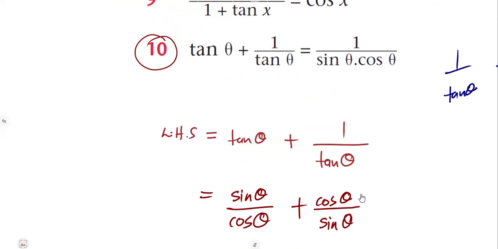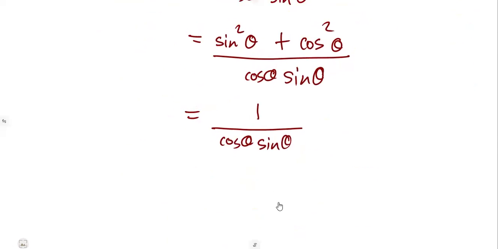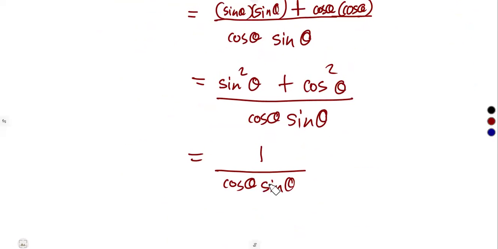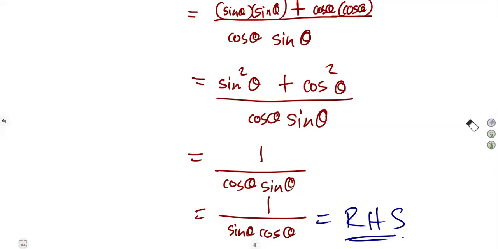Writing 1 over cos theta sine theta is the same as writing 1 over sine theta cos theta. Remember, the product of A and B is the same as BA. So it is one and the same, guys. This is exactly what we have on our right-hand side. So this is it, guys.